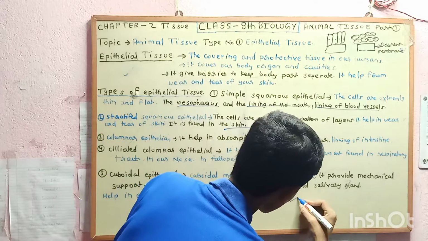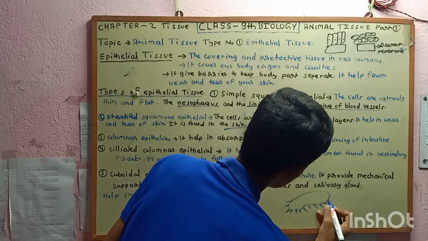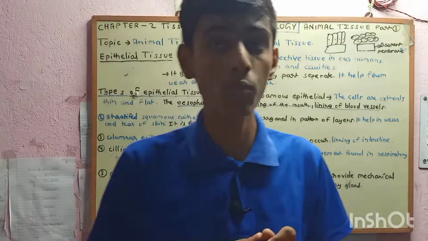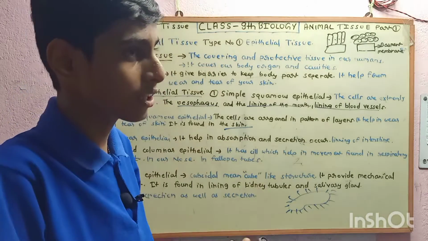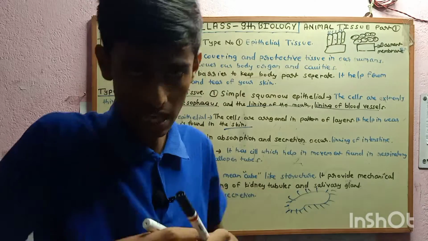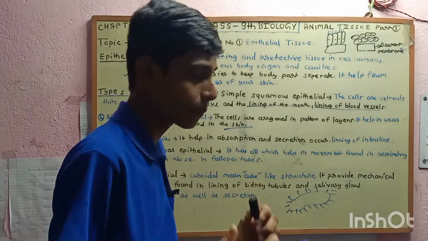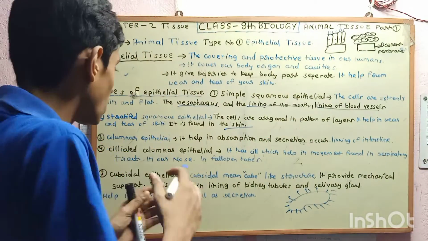Paramecium has cilia on its body, which help in the movement of its body. In a columnar epithelium, if cilia stand on it, then it helps in movement. If columnar epithelial tissue has cilia, it is known as ciliated columnar epithelium.